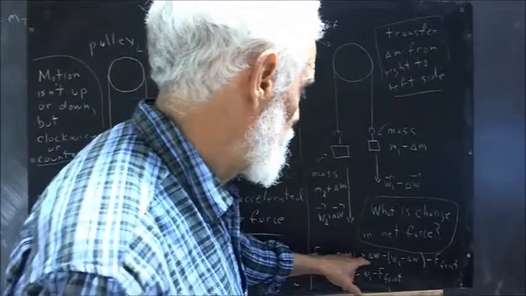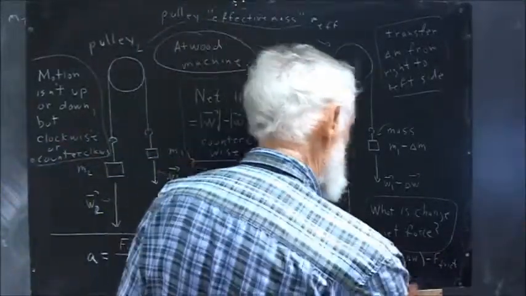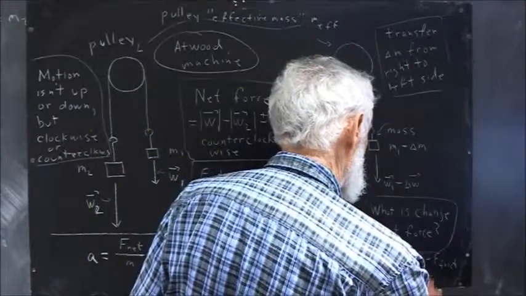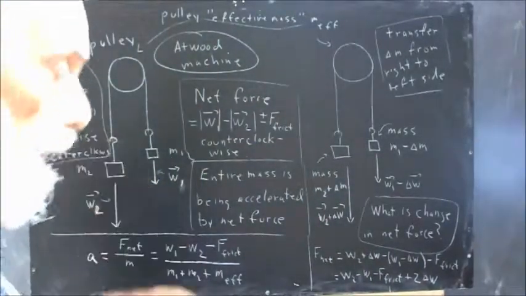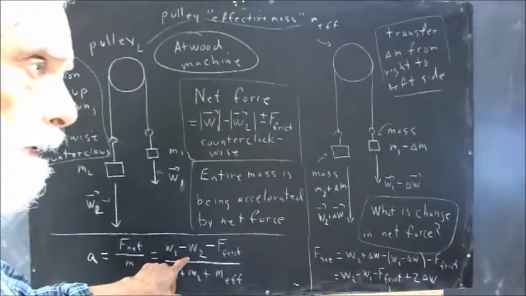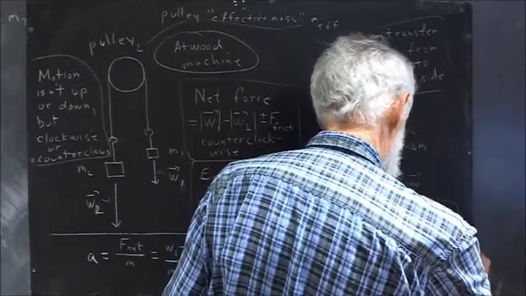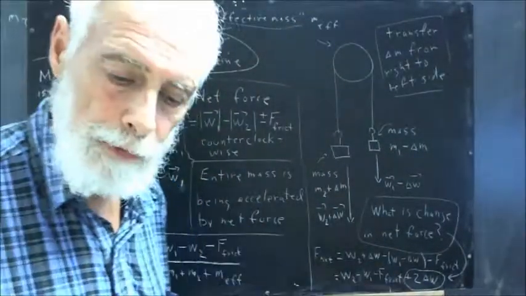And then we have the delta W here, and we have a minus negative delta W here, so that's plus 2 delta W. And the change in the net force, you notice that what we have here is the same as what we had over here. The change in the net force is just this plus 2 delta W. And that's the answer to the question.